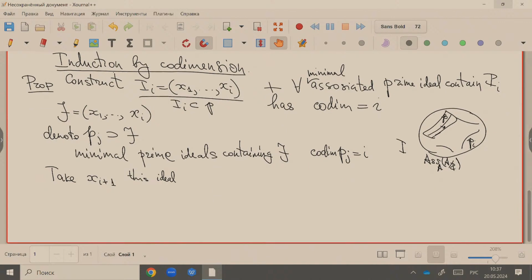So we take x I plus 1 in the ideal P that we want to approximate.